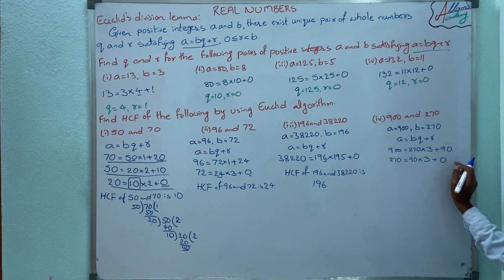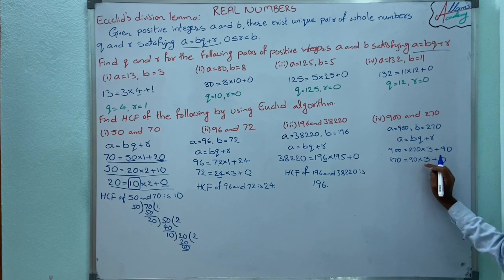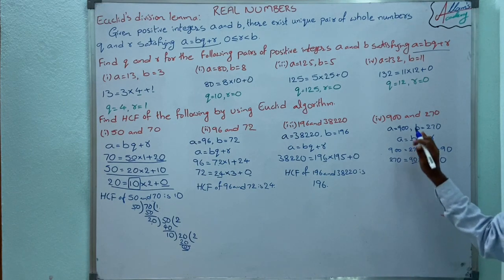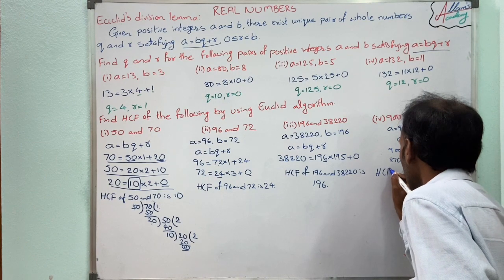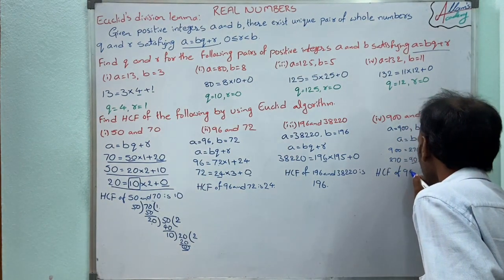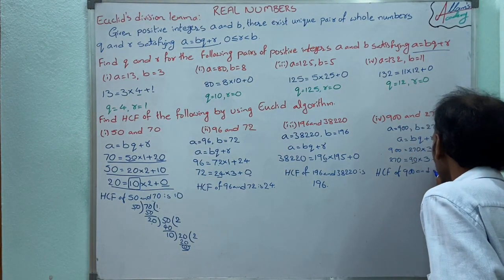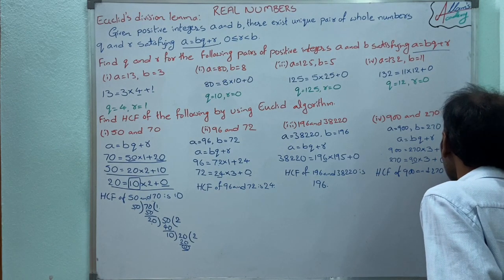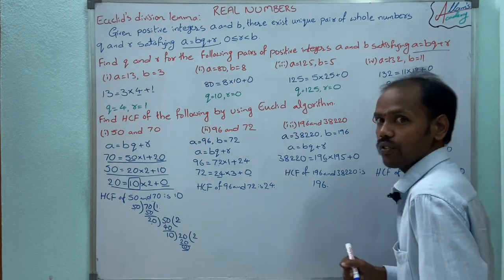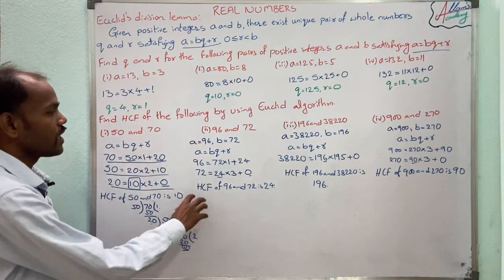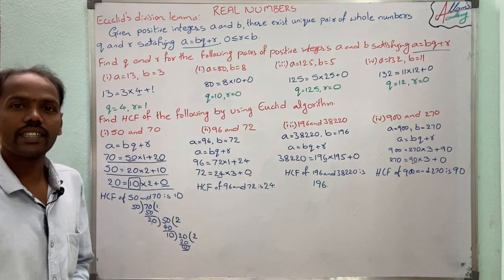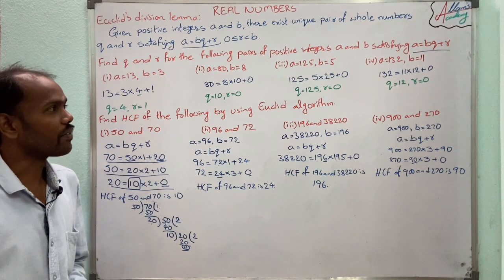The b value is nothing but 90. So this 90 is the HCF of the given numbers. So HCF of 900 and 270 is 90. Okay. So in this process we find the HCF of the given numbers.